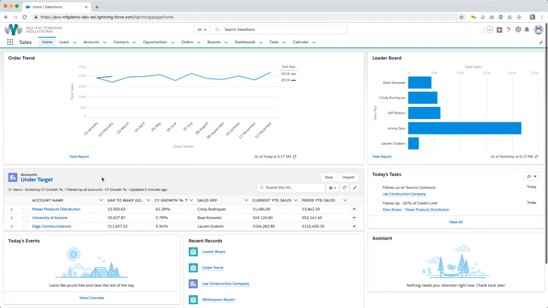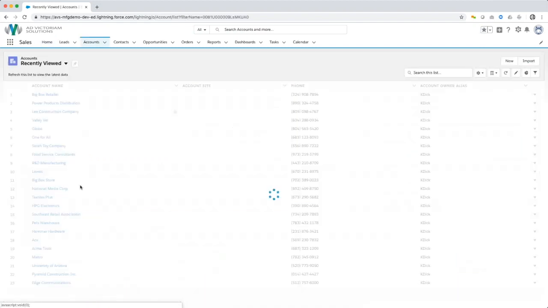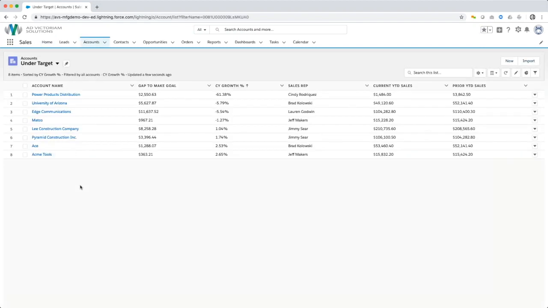But I have a list view here versus a report of accounts under target. And again, we were back to a 5% target growth rate. And in that list view, I get only the accounts that I need to care about. So when we talk about actionable information, I may manage 50 accounts, but if I'm Brad Kowalski here, there's 2 of them here that I care about, and you can constrain this to just my accounts.